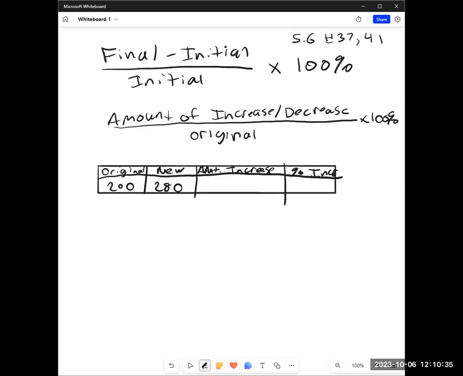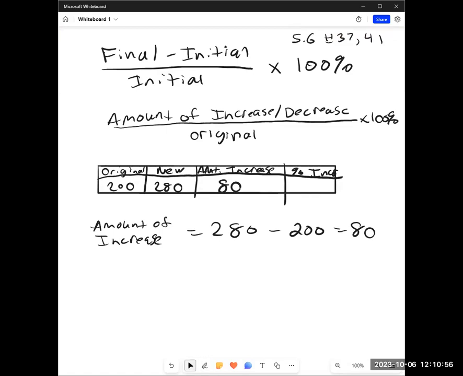The amount of increase is 280 minus 200, which is 80. That's my amount of change, and my percent change, my percent of increase, is going to be the amount of change, 80, over the original amount, 200.